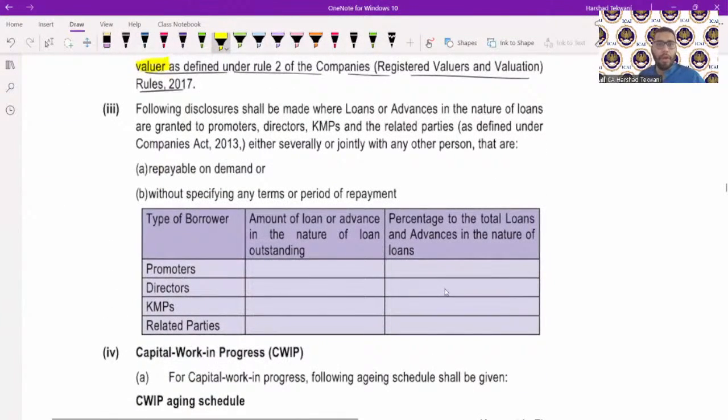Third, the following disclosure shall be made for loans and advances. Remember, loans and advances in the nature of loans granted to promoters, directors, KMPs, and related parties. Now, when a loan or advance is provided to a promoter, director, KMP, or related party, we already disclosed that amount above.